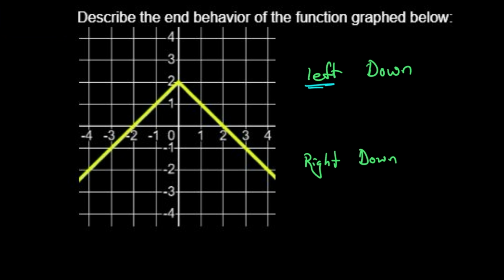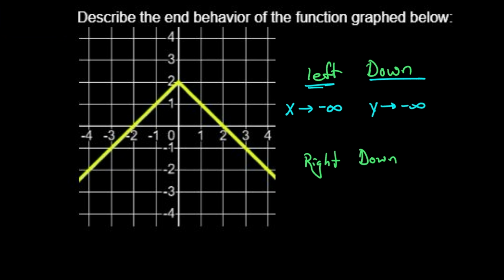We usually use more mathematical terms, so let's turn it into mathematical to describe it. Left is an x descriptor, so I'm going to say x approaches, which is what the arrow is representing, the word approaches. So x approaches, and then on the left side are negative x values, so negative infinity. And then for down, down is a y descriptor. So y approaches, well, what type of y values are down?